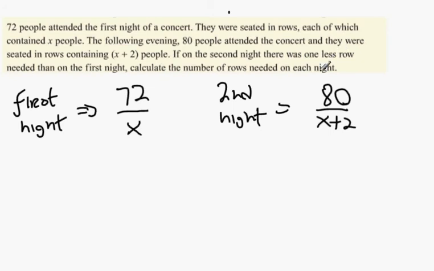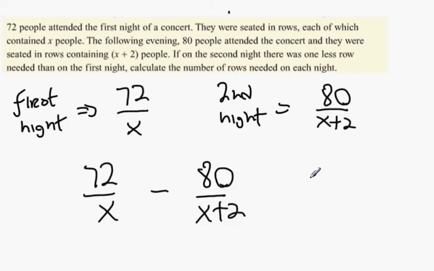Okay, the second night is smaller than the first night. The number of rows in the second night is a smaller number than the number of rows in the first night. This means that the number of rows on the first night minus the number of rows on the second night equals 1. Next you're going to do your 3 lines: 1, 2, 3.